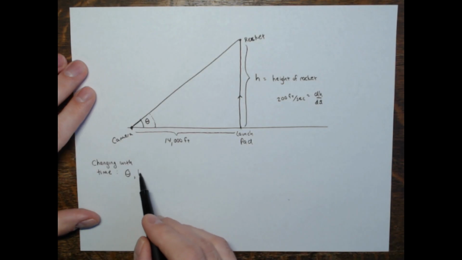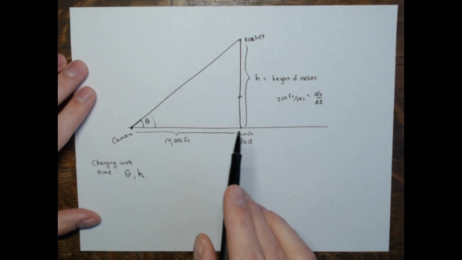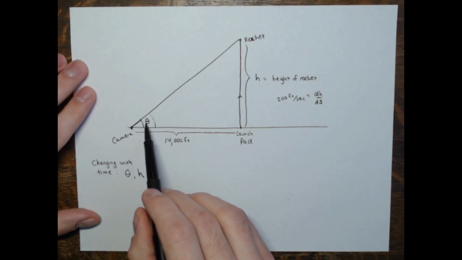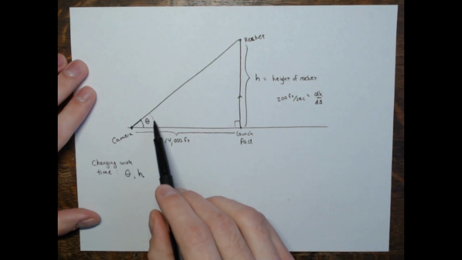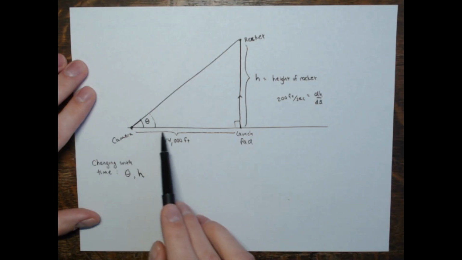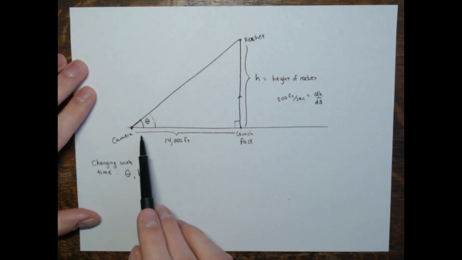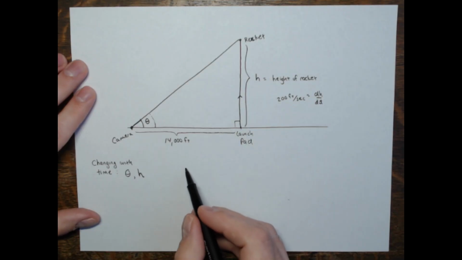So theta and h change with time. 14,000 feet won't. So theta is the angle here, the right triangle going on. The height of the rocket off the ground, that's the opposite side of theta. The 14,000 feet to the launch pad, that's the adjacent. Remember, opposite and adjacent, you can write up tangent.